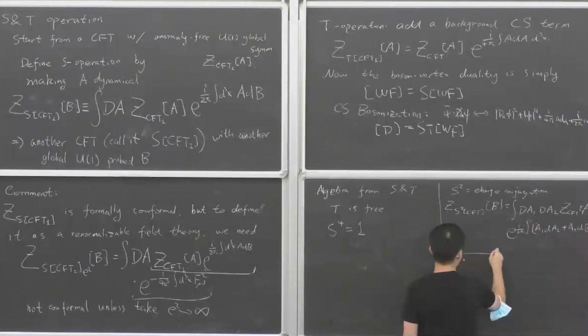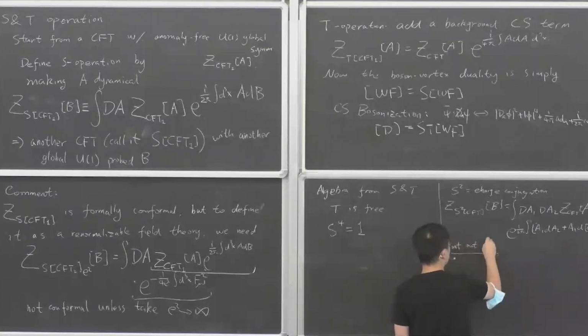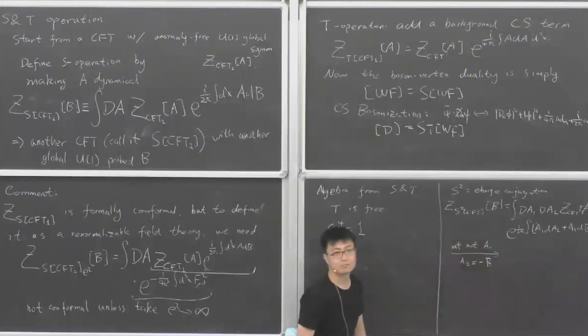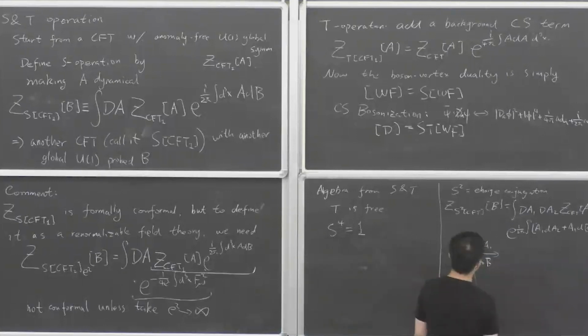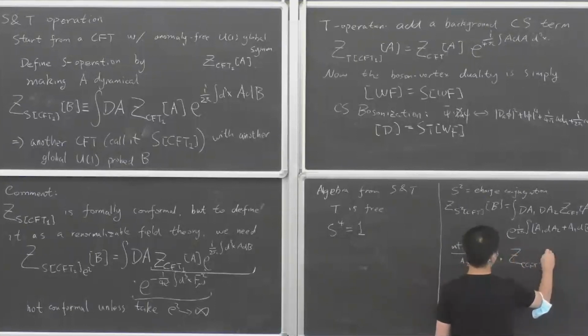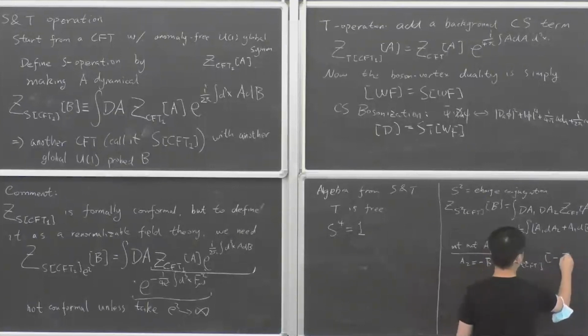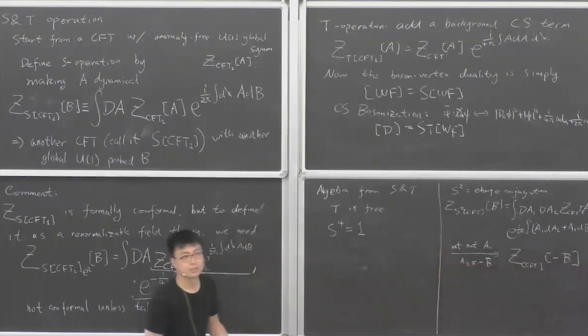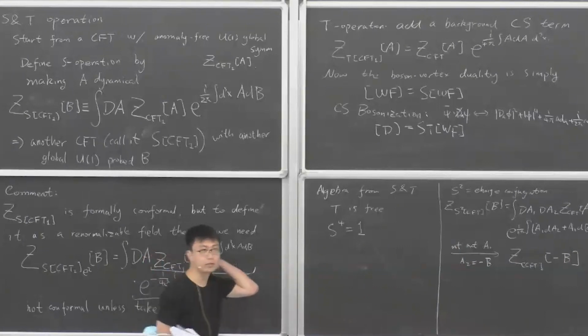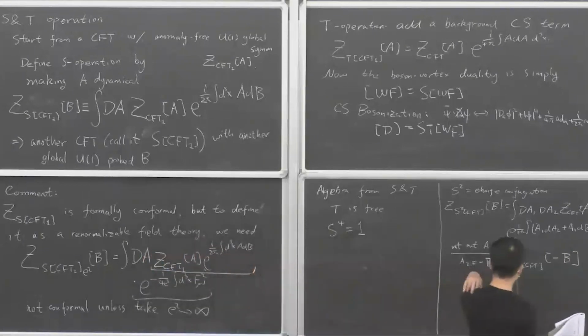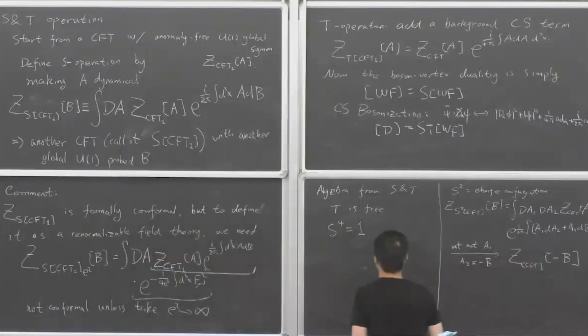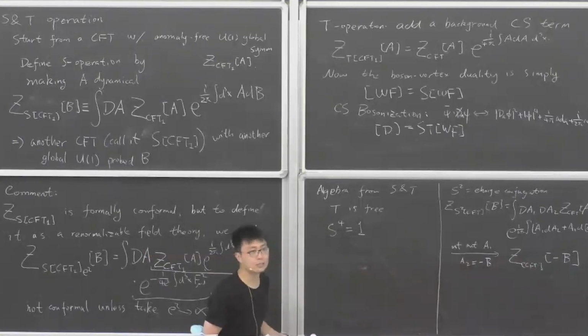So now if you integrate out A1, it just sets A2 equal to minus B. If you follow the signs, it just gives you my original CFT, but with minus B. So it basically gives back my original theory, except that my probe gauge field goes to minus itself. That's just charge conjugation. And of course, if you do charge conjugation twice, it's nothing. So S to the fourth is 1.